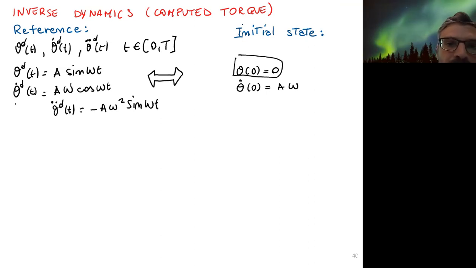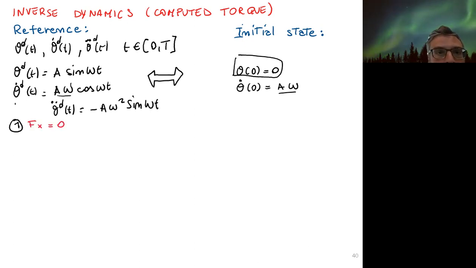If we want to have this, we should be starting not from 0, but from omega. Otherwise, you will have a tracking error at velocity in the very initial time.